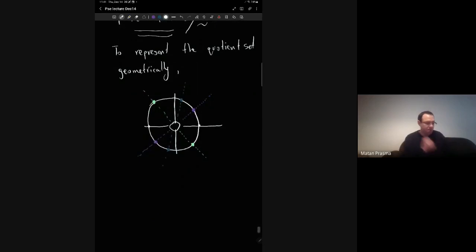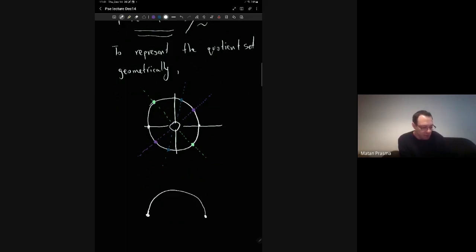So I take one half of the circle because I want to have a set of representatives with no repetition. Let's say the upper half, and now I identify these 2 points, right?